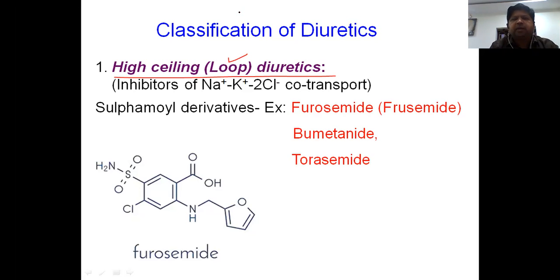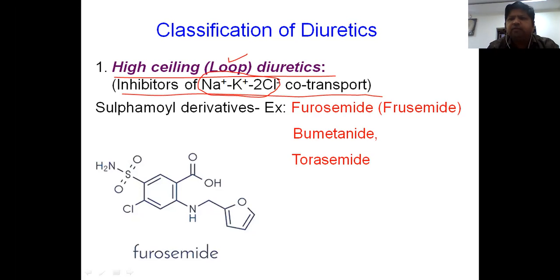That transport system, inhibited at the ascending limb of the loop of Henle, is called the sodium potassium chloride co-transport.